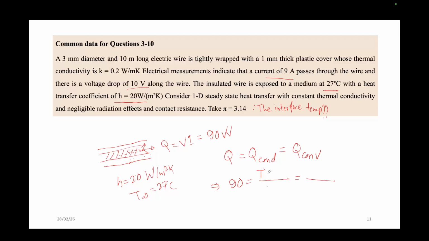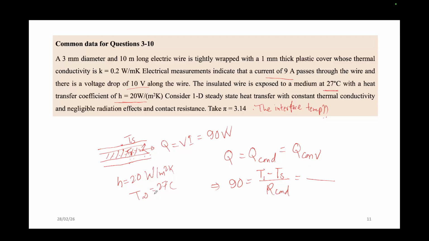So I know that Q is the temperature difference divided by the resistance. Say this surface temperature is Ts, and this is your T1. So for conduction, it is T1 minus Ts, and below is R conduction.